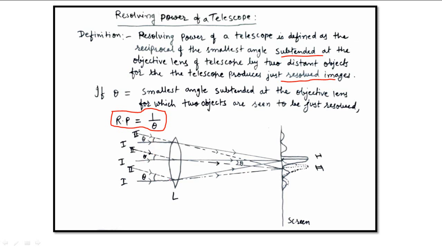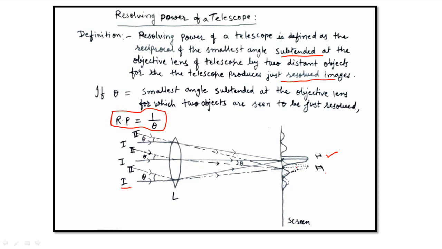When these two sources of light pass through the objective of a lens, it produces the diffraction pattern on the screen. Here 1 stands for the diffraction pattern for the wavelength coming from object 1, and 2 stands for the diffraction pattern for the source of light coming from object 2.